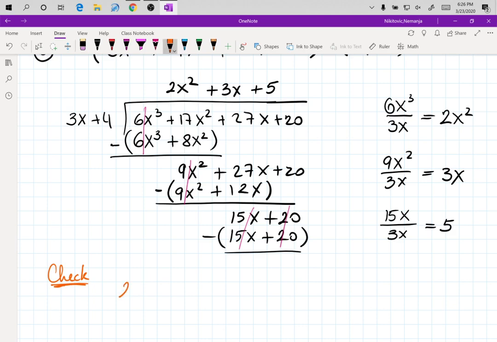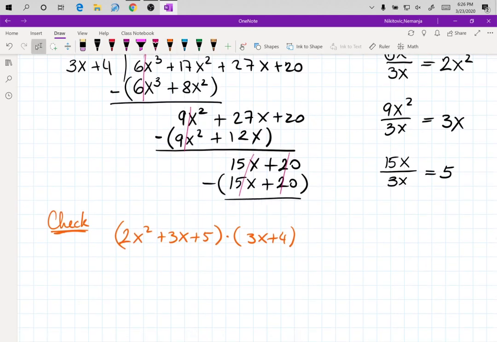So let's see. 2x squared plus 3x plus 5 times 3x plus 4. And you know what you need to do. You need to distribute 3x into all three and 4 into all three, and then add like terms. So 3x gets distributed into all of these. I'm getting 6x cubed plus 9x squared plus 15x.